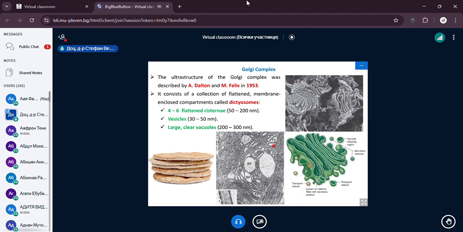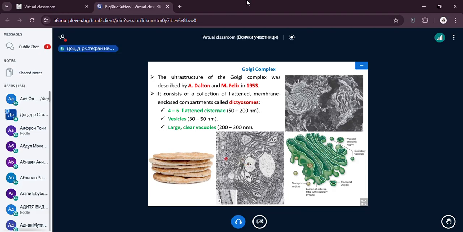And each of these dictyosomes consists of these 4 to 6 flattened cisterns. I believe you see them here, and smaller and larger vesicles. The large vesicles are called vacuoles.